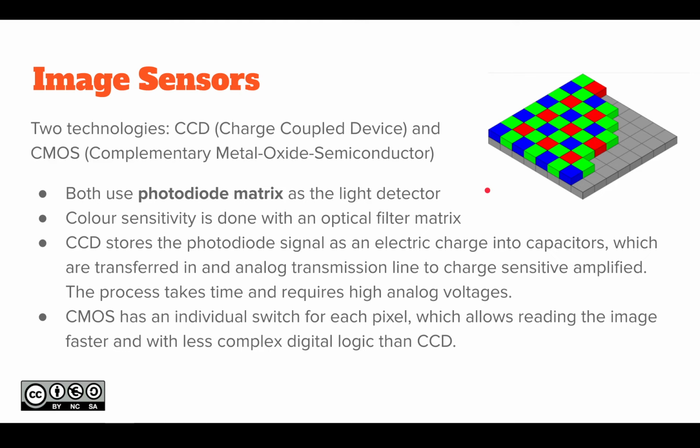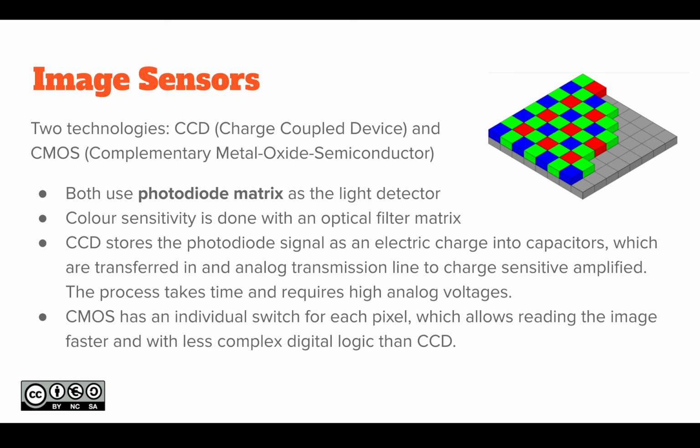Anyhow, how color sensitivity is done: well, these photodiodes don't care much about what color light they are absorbing, but you can quite easily integrate an optical filter matrix. So there are blue filters, green filters, and red filters.